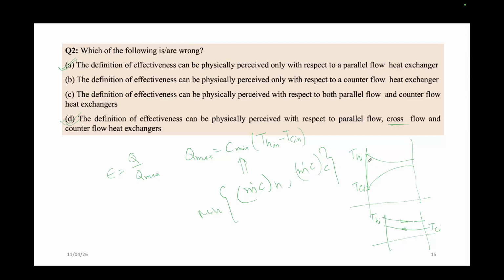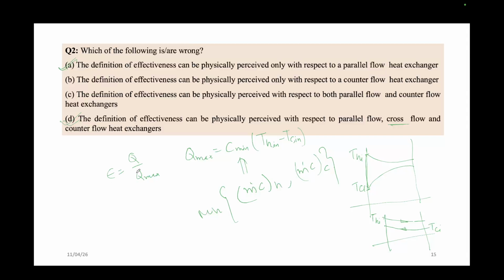Yes or no? So the Q max would be more. Here the difference would be small compared to this case. Yes or no? So that means if these two values are small, then Q max is small.